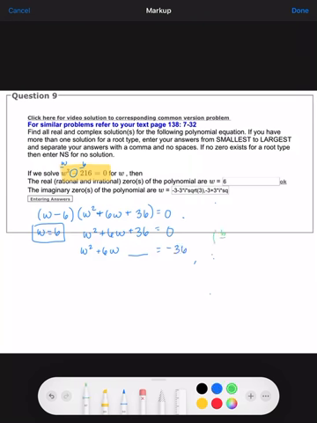I'm looking for b over 2 squared. b is 6, so I have 6 over 2 squared. 6 divided by 2 is 3. 3 squared is 9. So what I'm going to do is add 9 to both sides. Okay. Then I should now be able to factor this side on the left.